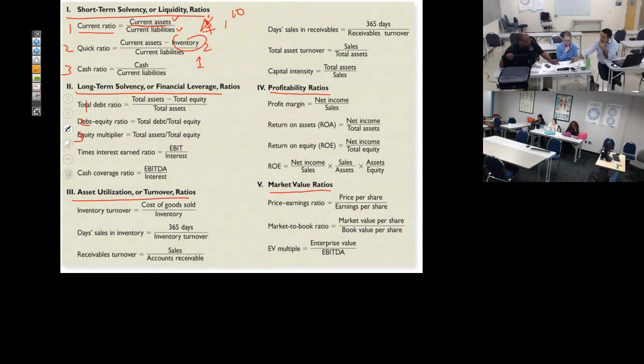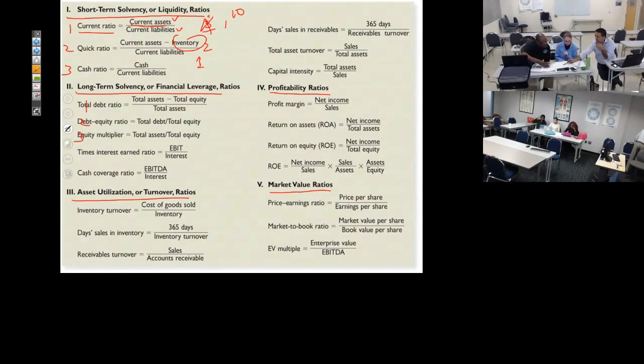No, the thing that you did was EBITDA, right? We did the 61,550. Yeah, I just did the times interest earned ratio. You divided 61,550. Okay. So this is 7 times, and this one was 8 times, then, right?